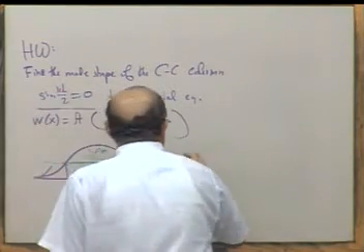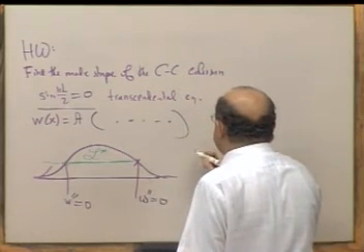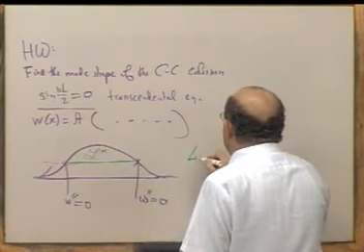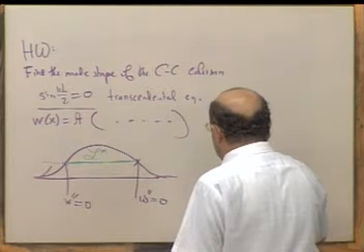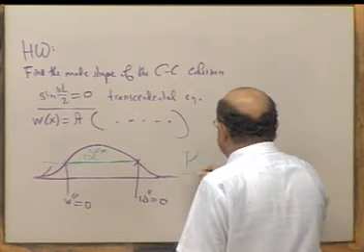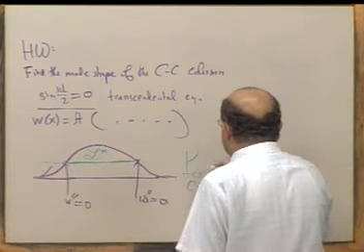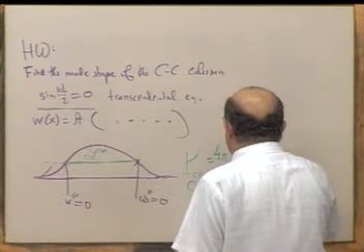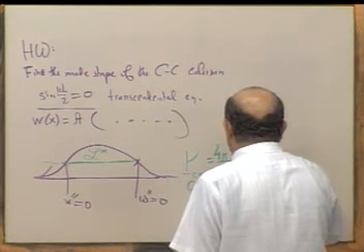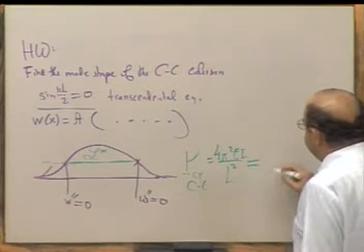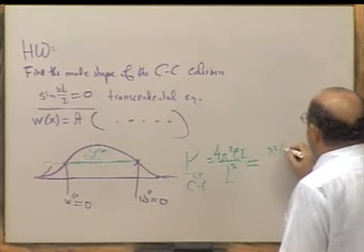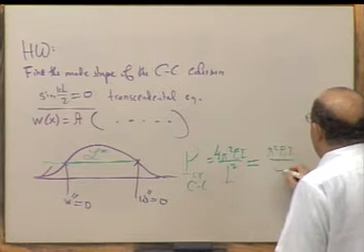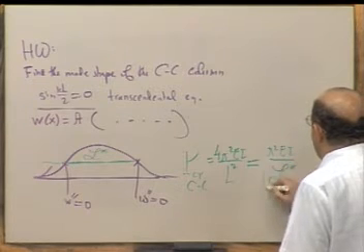And if that is the case, we will get P critical, clamped, equals 4 pi square EI over L square. This equals pi square EI over L star squared.